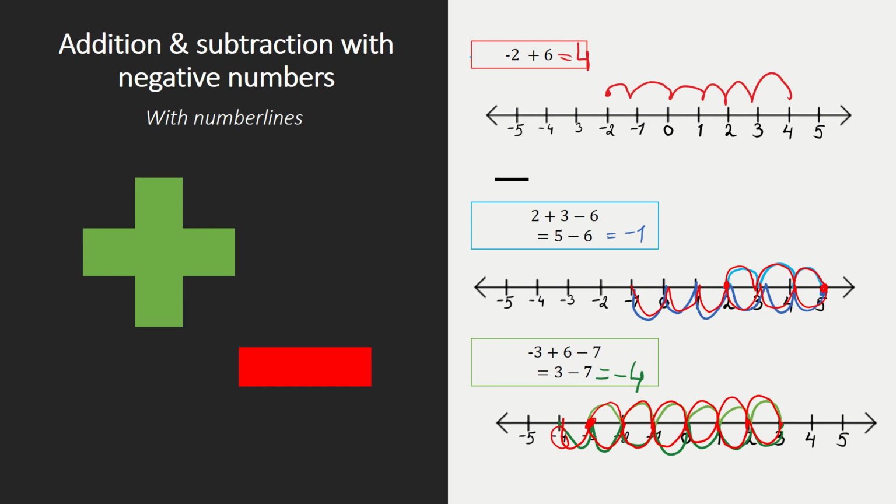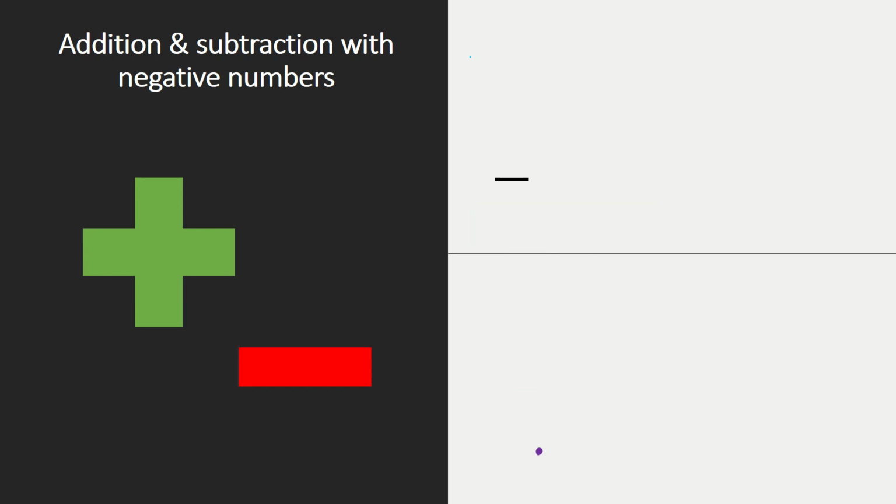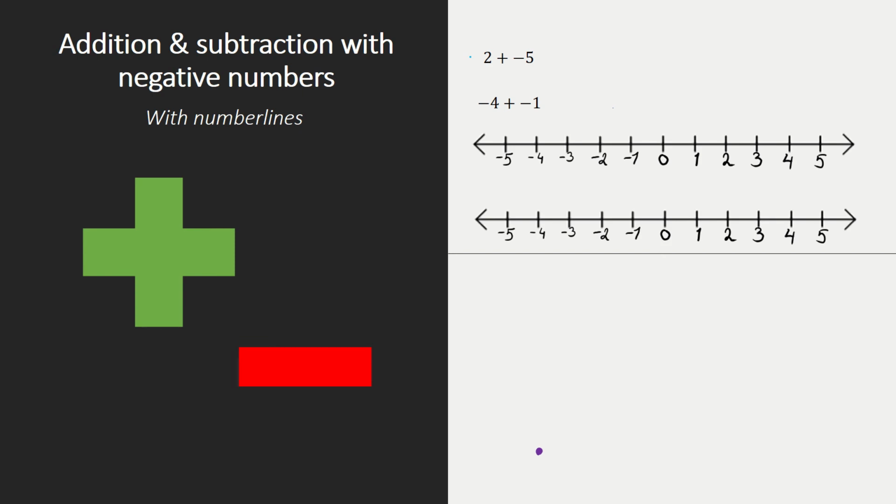Alright, so as you can see, all those examples we could do with a number line. However, it doesn't always work with a number line. Because if we have a look at 2 plus minus 5, and minus 4 plus minus 1, how can we explain that according to our number lines? Therefore, we need a rule. And our rule is that when we have a positive and a negative symbol next to each other, then it's always equal to minus.